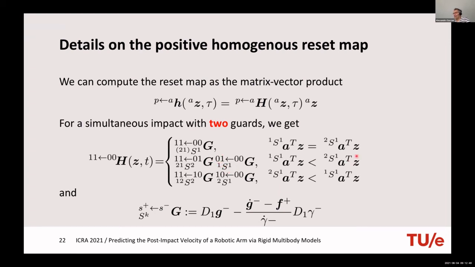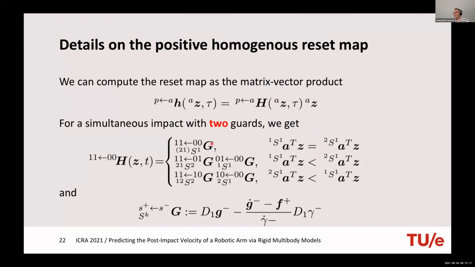But the thing is that essentially you see that this positive homogeneous jump map is something like a gain times z. So it's sort of linear, but because it also depends on z here, that's actually what makes it positive homogeneous. And essentially what's happening is that you need to have a different gain for different regions in the state space.